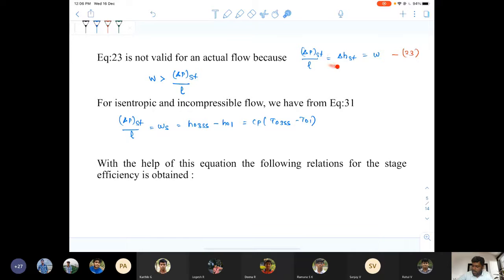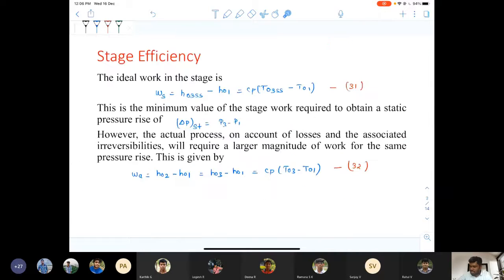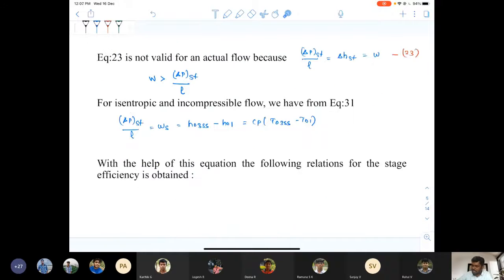That is, we have correlated equation 23 and equation 31, and written an equation which states that delta P at the stage by rho is equal to the isentropic work.